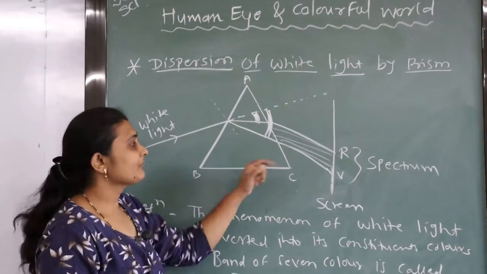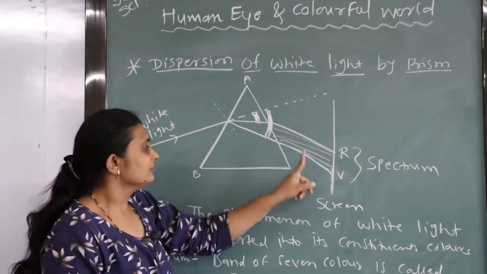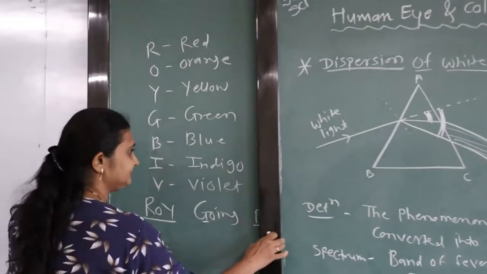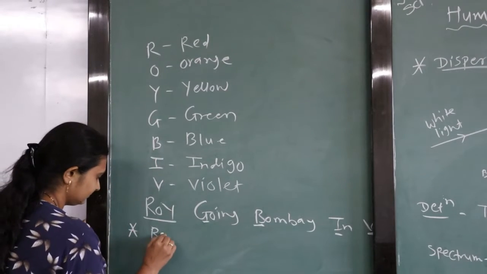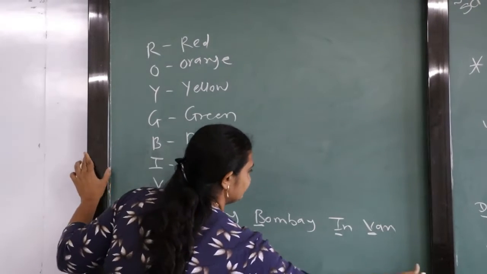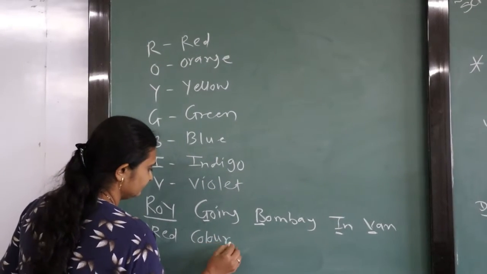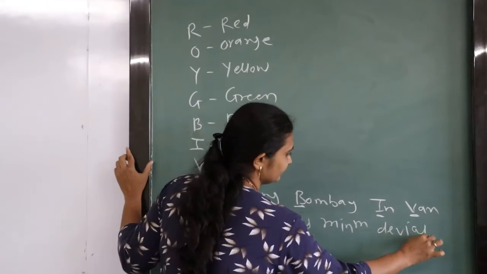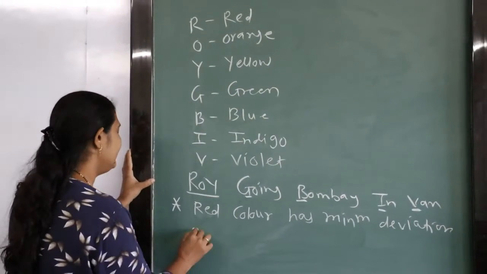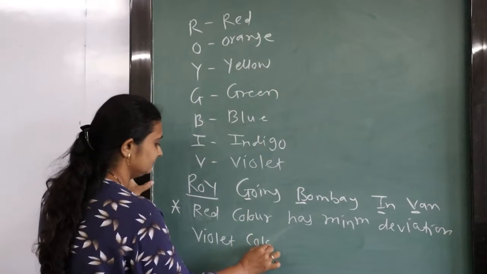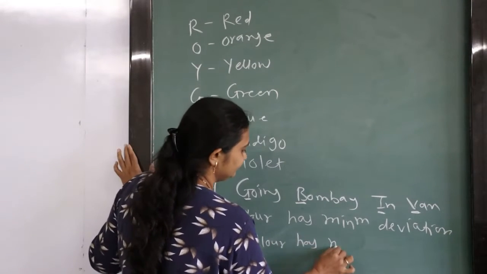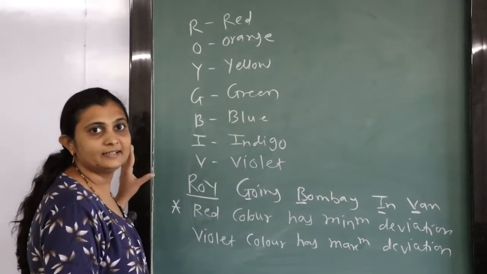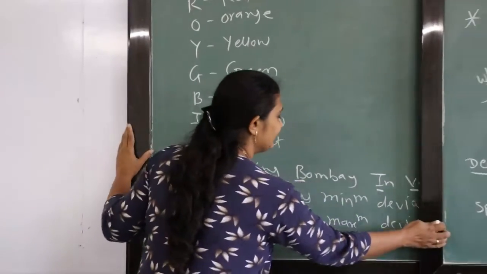So see in diagram, red color has minimum deviation and violet color has maximum deviation, correct?